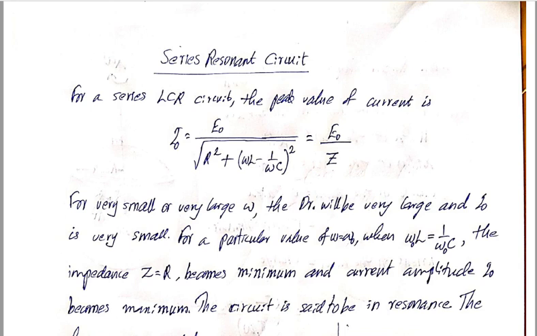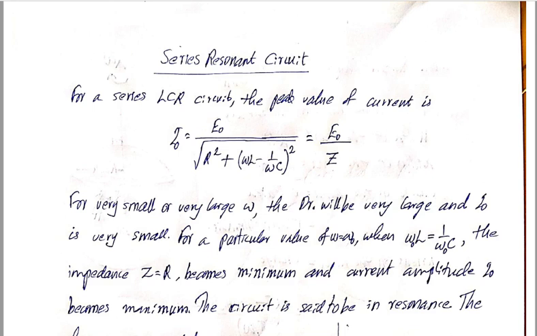For very small and very large values of omega, the quantity omega L or 1 by omega C will be very large. For example, if omega is 0, then 1 by omega C will be infinity, and E0 by infinity will be 0.